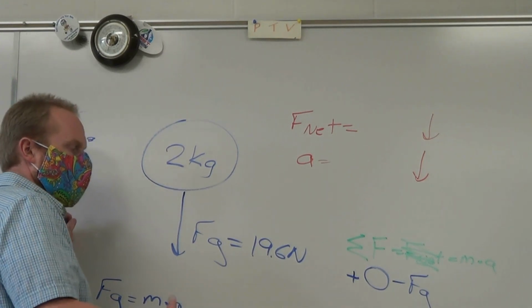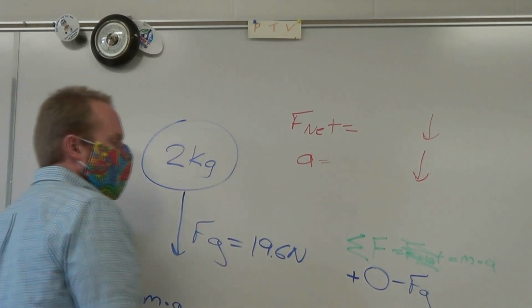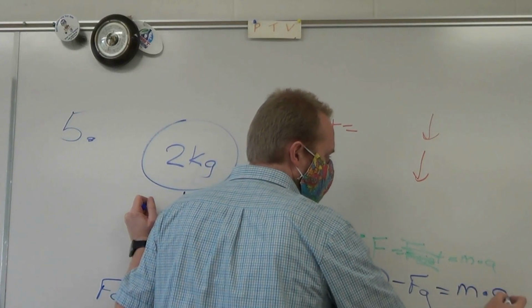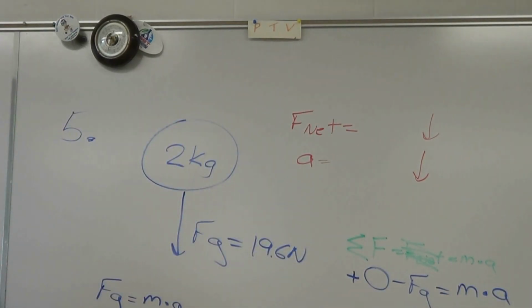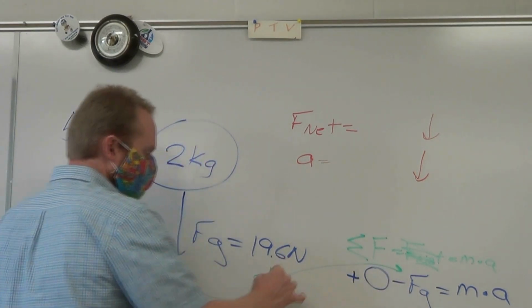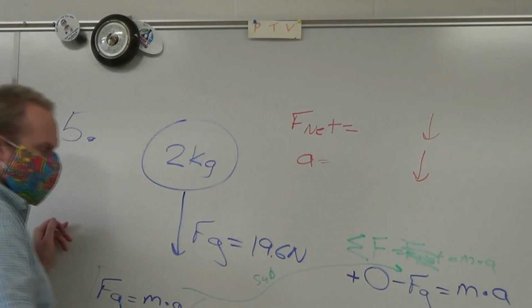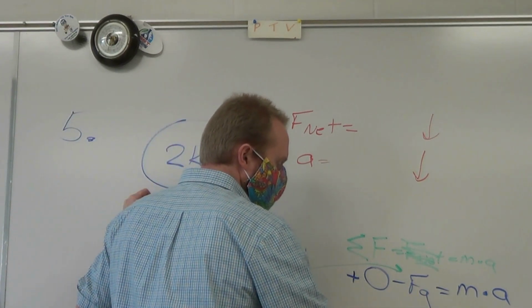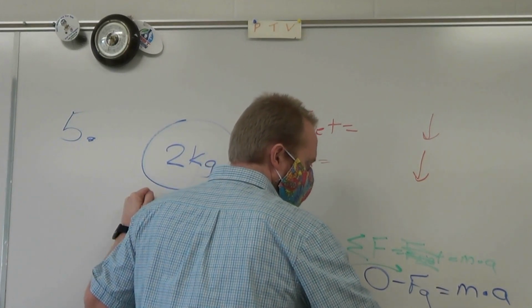I'm going to subtract my F of G. And in order to determine the acceleration, we can set that equal to mass times acceleration. Now, if we do a quick substitution here, instead of calling it Fg, let's say it's minus m times g, which is equal to m times a.